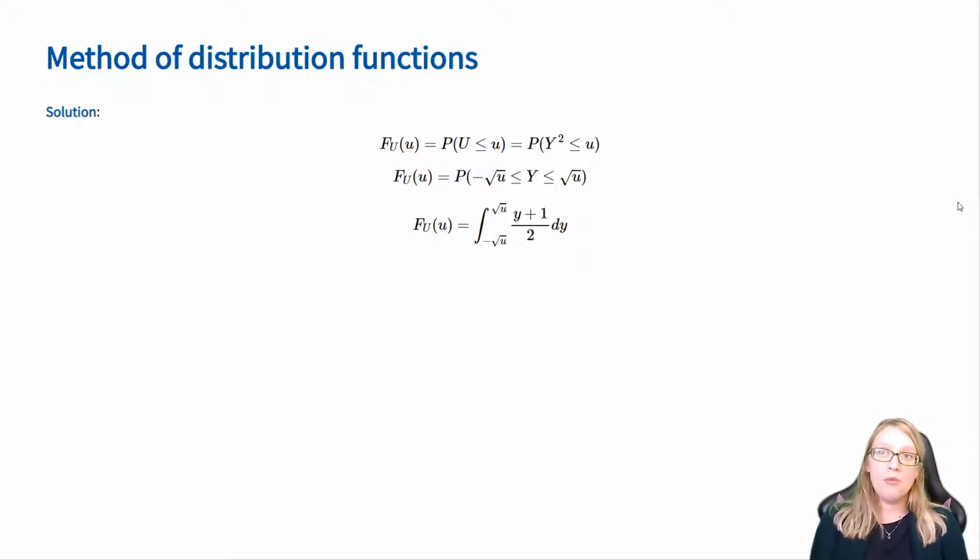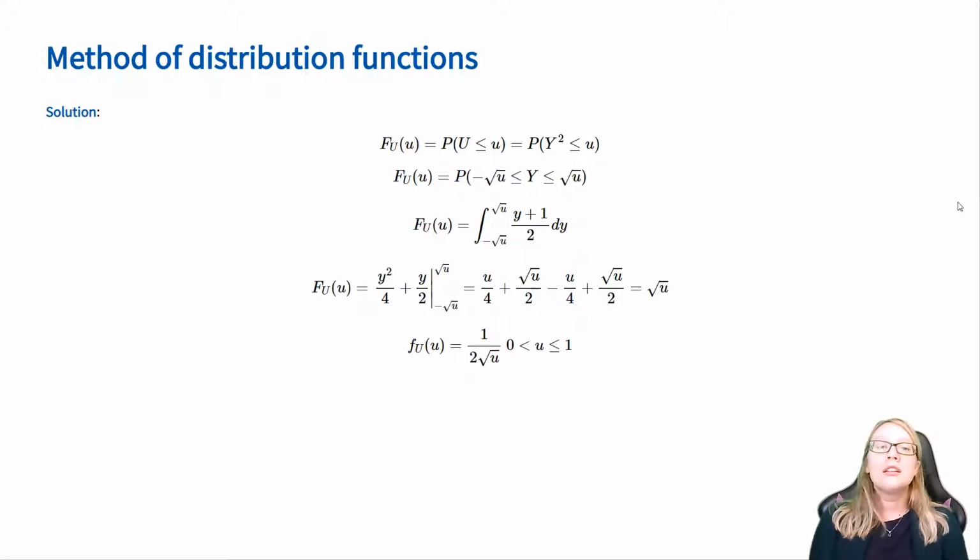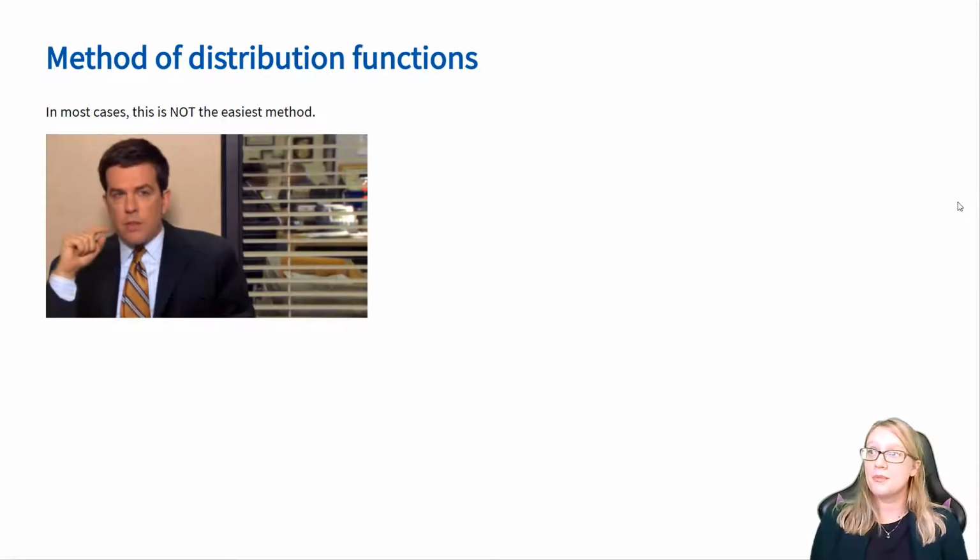There's our PDF, (y plus 1) over 2. We end up getting something that looks a little bit like this. After some algebra, we get that the CDF of u is the square root of u. Take the derivative. Here's our PDF of u: 1 over 2 times square root of u for 0 less than u less than or equal to 1.